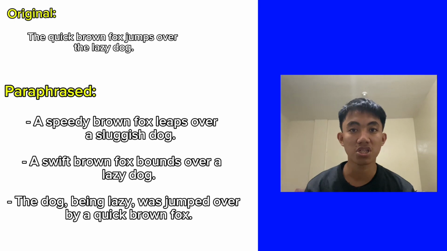Sluggish also means lazy; it is a synonym of lazy. Second, a swift brown fox bounds over a lazy dog. Bound means jump; it is a synonym of jump. Third and last one, the dog, being lazy, was jumped over by a quick brown fox.